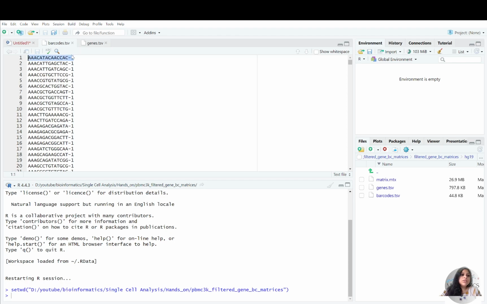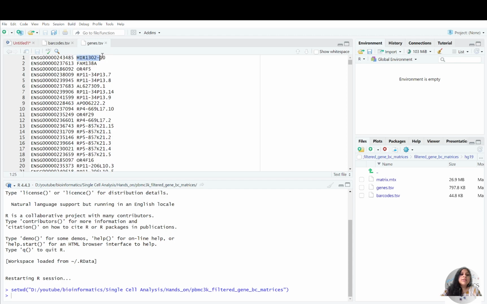So the barcodes minus 1 represents that it has come from the 10x Genomics platform. And this is a single column and this is a separate column. This is the gene ID and this is the gene symbol or the gene name. Okay. So these are the file formats.